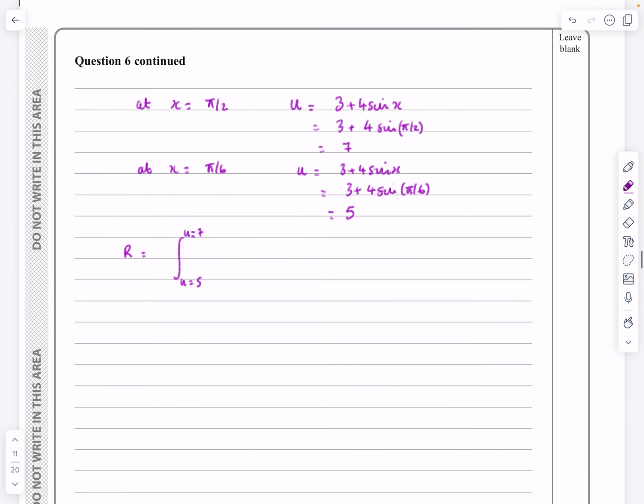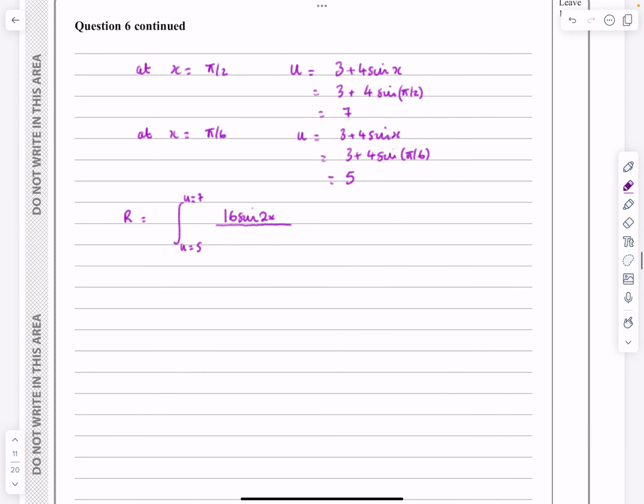The rest of it, what have I got? Well, I've got 16 sine 2x all over (3 plus 4 sine x) squared dx, and we can now gradually substitute in the things that we need. So u equals 7 and u equals 5. 16 sine 2x is 16 lots of 2 sine x cos x.